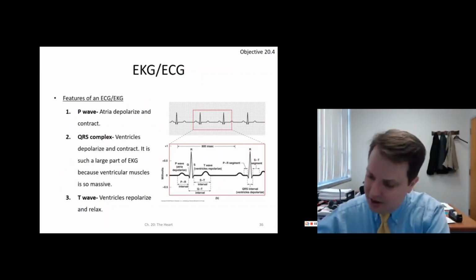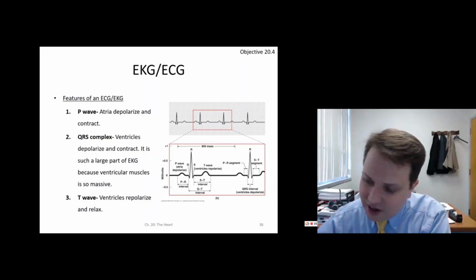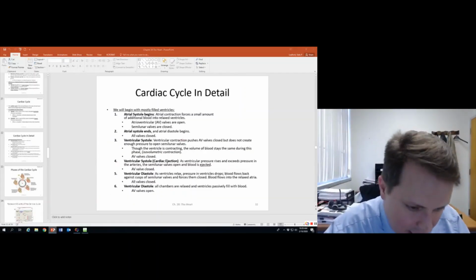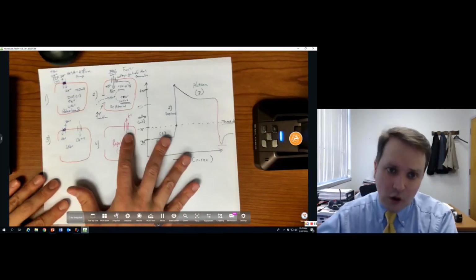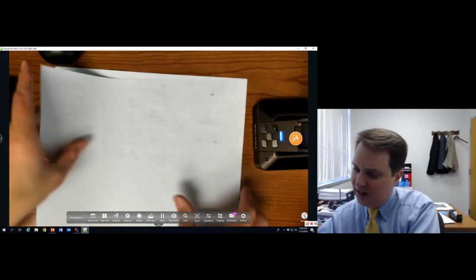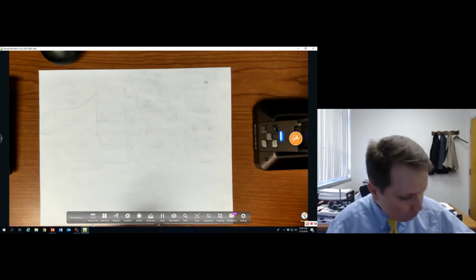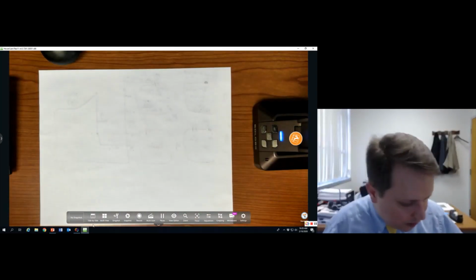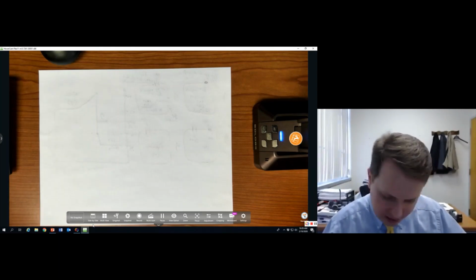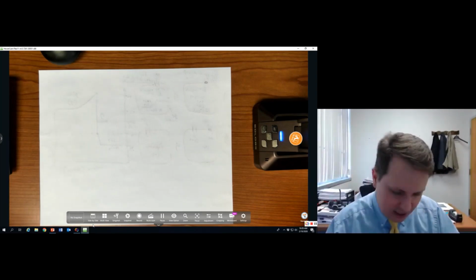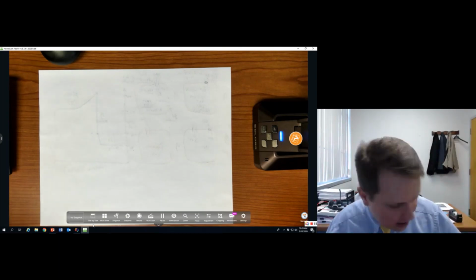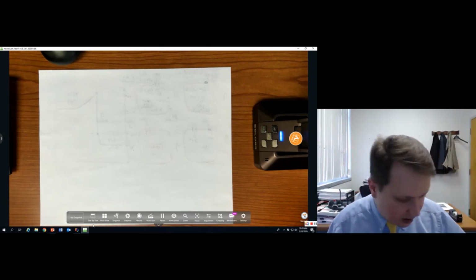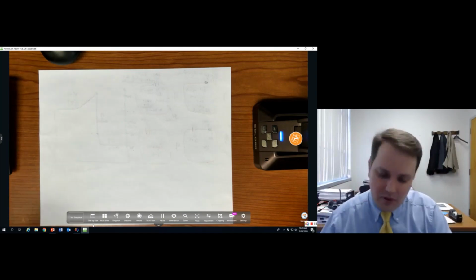Now, another thing we're going to draw here is tied to the electrical activity. This is a very important thing to know. This ultimately is what creates the tracing that I'm going to measure. Now, I'm going to get multiple colors here. P wave, Q, R, S, and T. Okay, there we go.